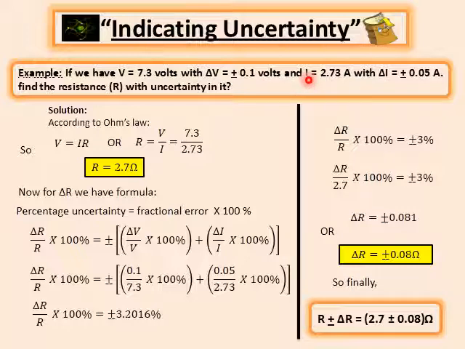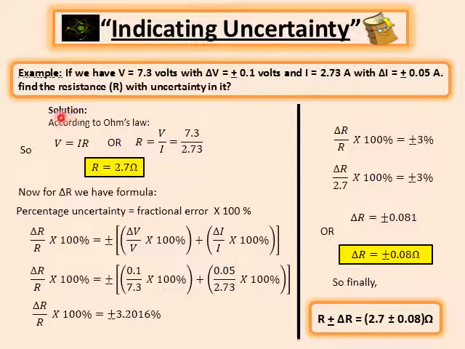And current I is equal to 2.73 amperes with delta I, which is the uncertainty in current. Delta I is equal to plus minus 0.05 amperes. Now find the resistance capital R with uncertainty in it.